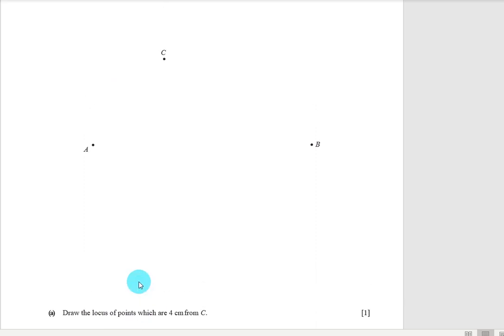Open your compass at 4 centimeters. Make point C the center and draw a circle here with radius 4 centimeters.